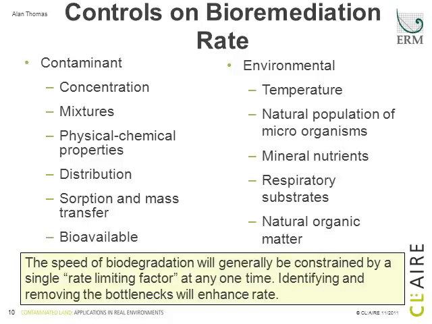And the contaminant itself is obviously important, both its concentration, the mixture, its physicochemical properties, its distribution within the subsurface, and whether it's sorbed or not to the matrix, and ultimately its bioavailability.